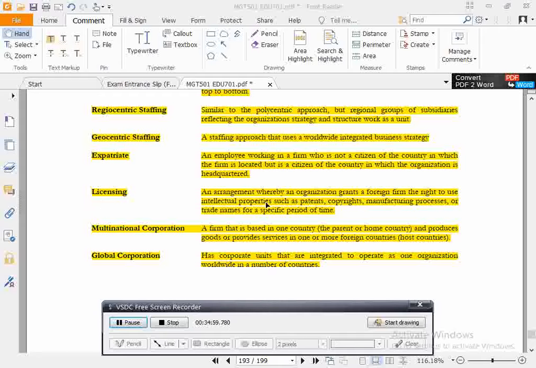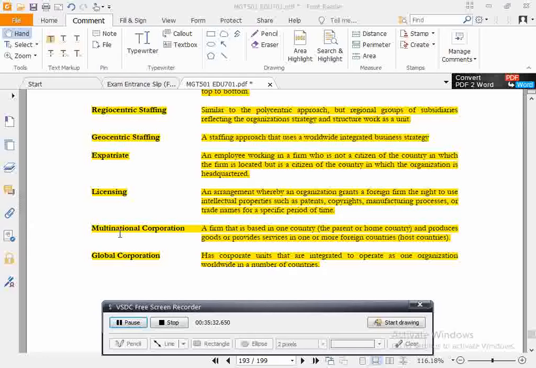Licensing, an arrangement whereby an organization grants a foreign firm the right to use intellectual properties such as patents, copyrights, manufacturing processes, or trade names for a specific period of time.